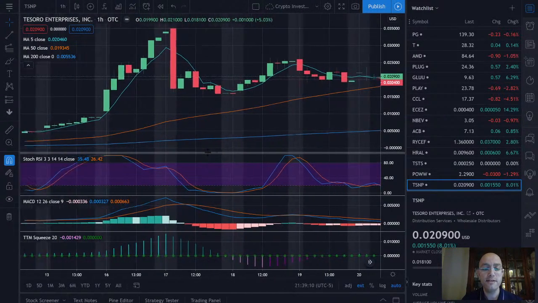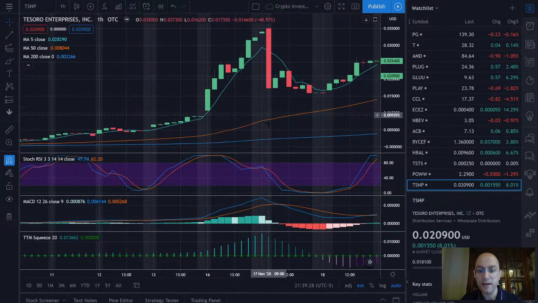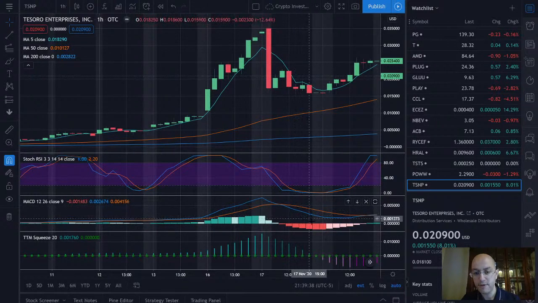So if we expand this a bit more, you'll notice it went straight horizontal. And then it dropped here. Notice the drop on these parts. And then once again, it took off before the big crash, which is the red candle right here. And if you notice the MACD, you'll notice the decrease that happened just right here.